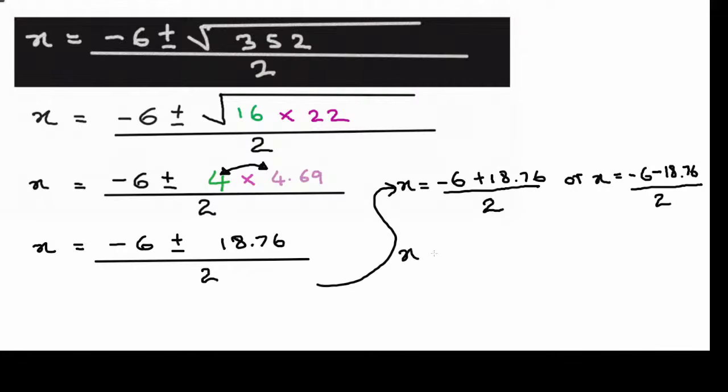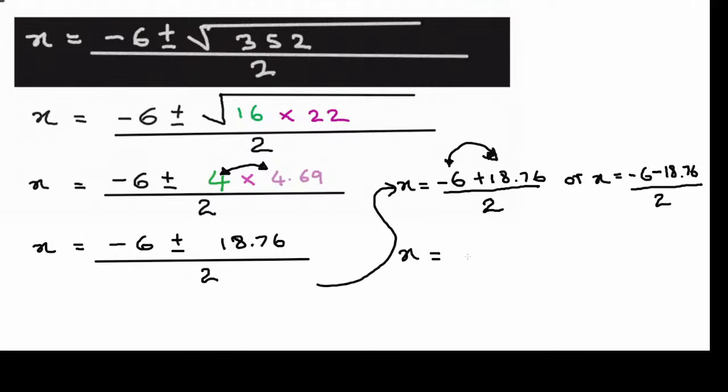So here we get the answer as what? x equals, what is minus 6 plus 18.76? It's minus and plus together. So what happens? They are enemies. So who's going to win here? Plus is bigger. So plus is going to win by how much? By the gap. What's the gap between 6 and 18.76?